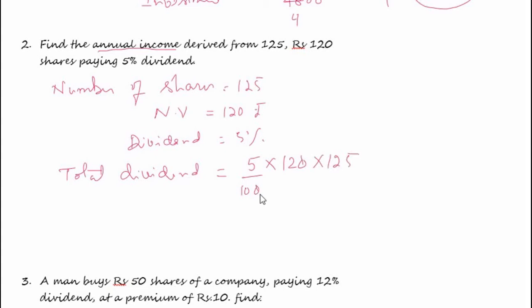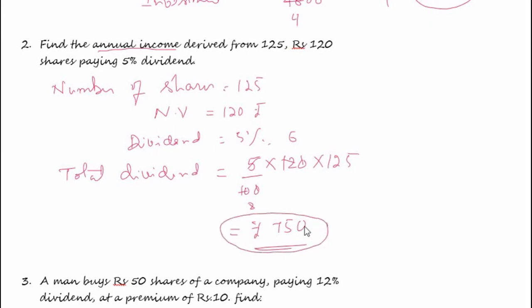So 0 goes here, 5 once, 5 2 times, this 1, this is 6. So 125 into 6, that is rupees 750. So the income from this transaction is rupees 750.